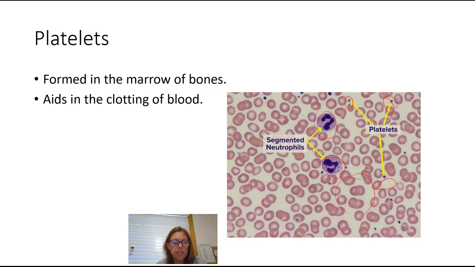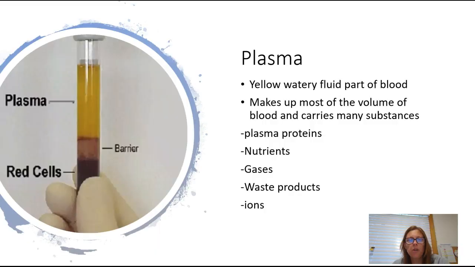So going across now to plasma, you can see here in the image on the right a picture of plasma, and as we spoke about before, plasma makes up about 55% of our blood volume. So you can see that the red blood cells have settled to the bottom. There is a slight barrier between the red cells and the plasma, and the plasma is that straw-coloured liquid that you can see at the top there of that test tube.